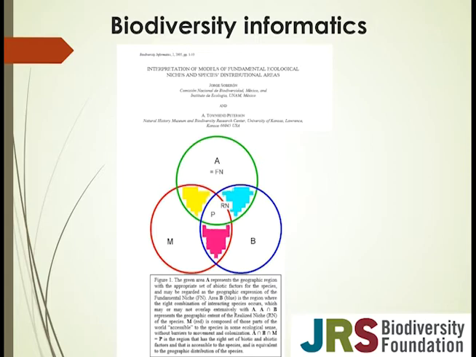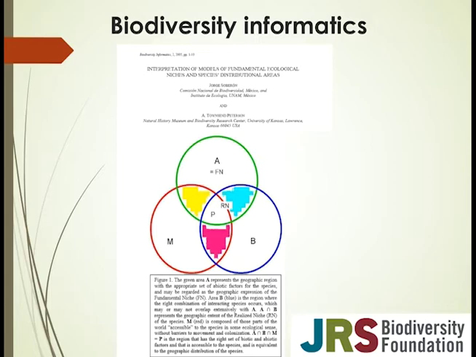It is the geographic expression of a fundamental niche. And the blue circle, B, is a region where the right combination of interacting species occur. It may overlap or not with abiotic factors.